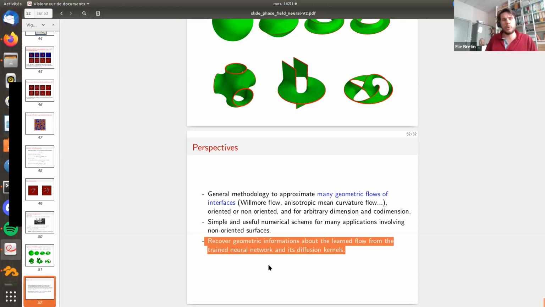We explain how to find the anisotropic energy from the kernel, the diffusion kernel. And so it should be very interesting, for example, in application of nanowires, where we do not have real estimation of the anisotropic energy. So I just finished my talk, and thank you for your attention.